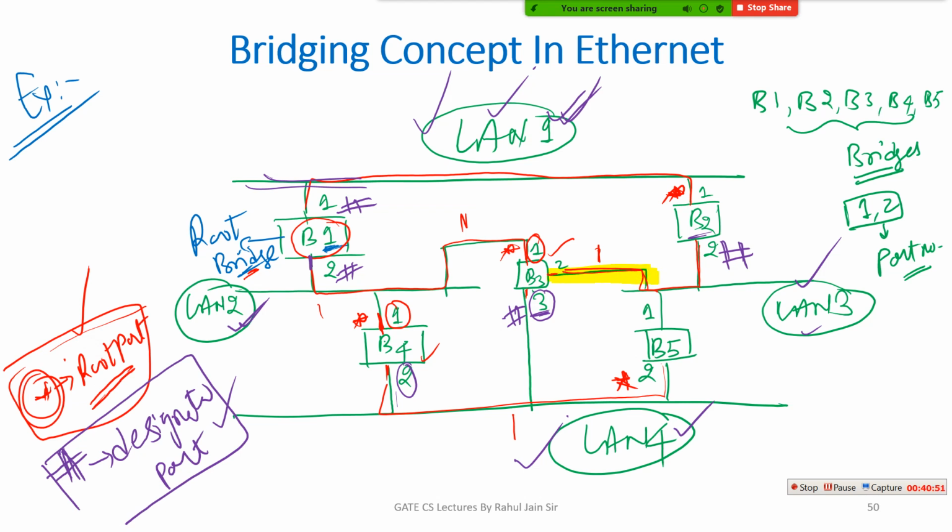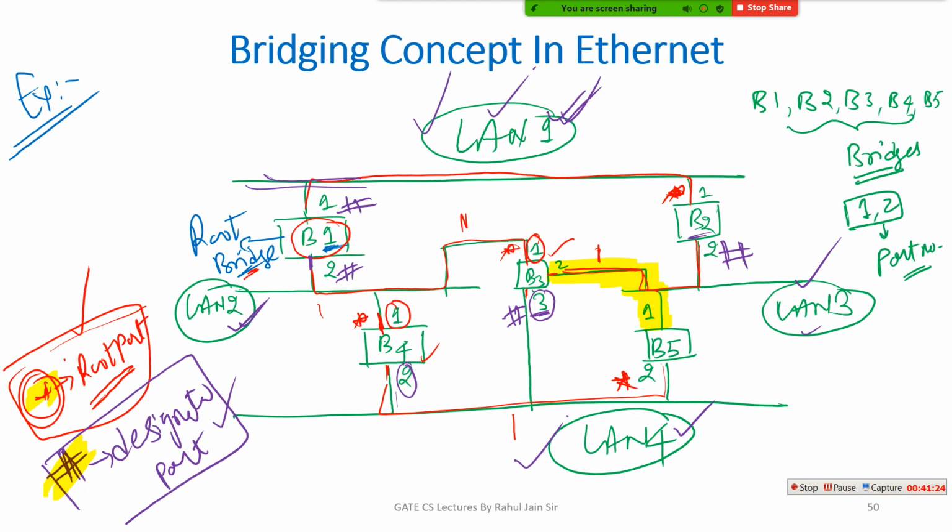Because I don't have a root port here and I don't have an entry of a designated port here. Means I don't have a star as well as a hash here. So I will remove this part. I will block this port, that is the second port of this. I will also block the first port of B5. Why? Because I don't have any star and hash entry here.